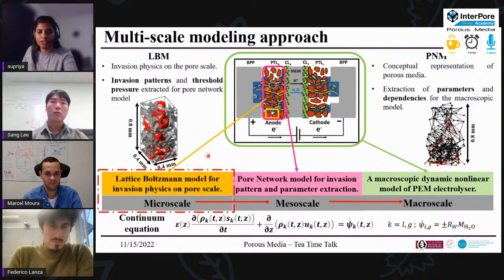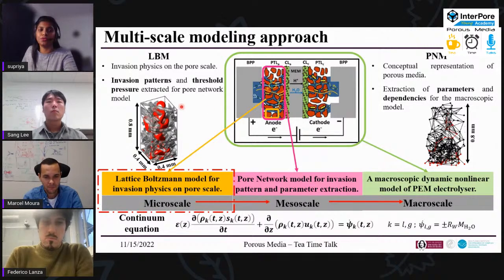And then later we move towards the pore network model, which is conceptually represented as pores and throats, as shown in the figure. Here you could see the pink region where we could consider a larger number of pores.